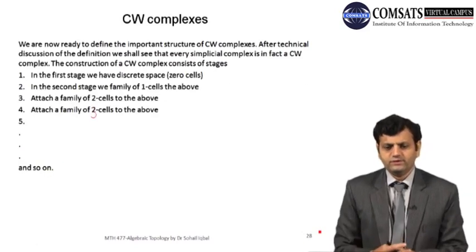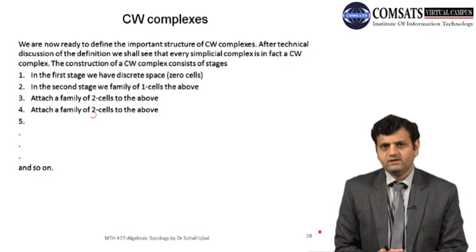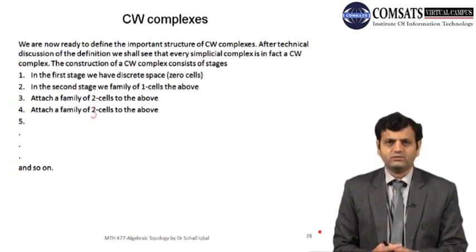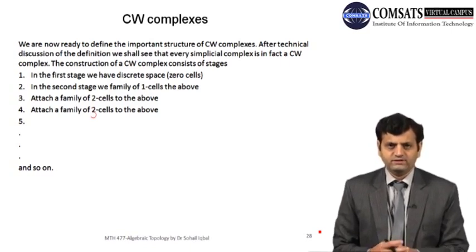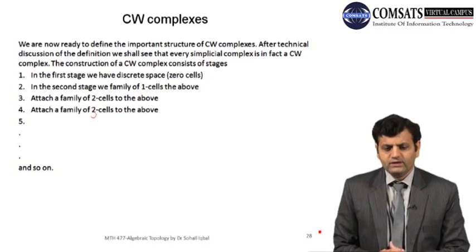Now let's continue with the second section of today's lecture, which is CW complexes. CW complexes are basically a generalization of simplicial complexes, or in other words, every simplicial complex is going to be a CW complex. We shall see. How we define CW complexes is a step-by-step process.